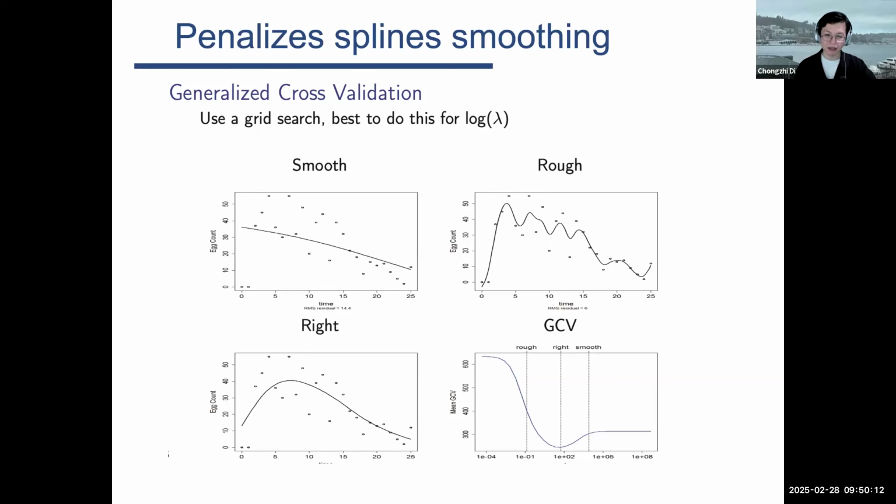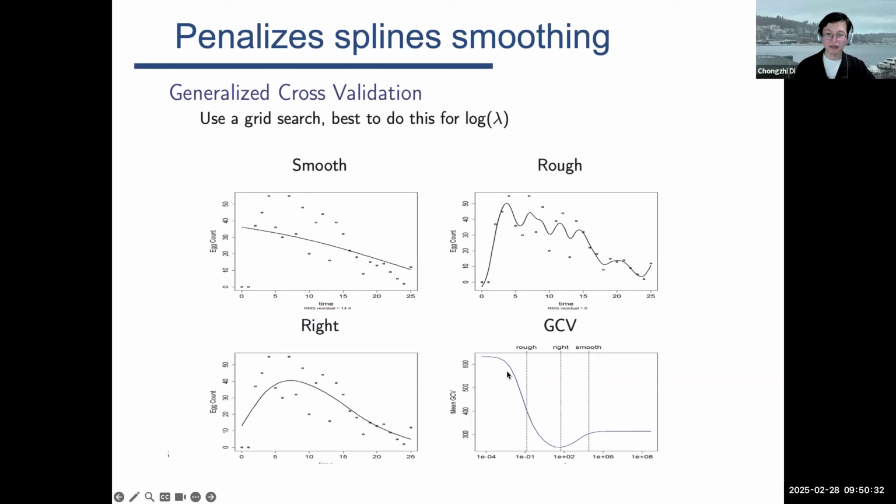What I wanted to point out is that in this case, if it is too smooth, it's most likely somewhere around here, where lambda is really big. If it's too rough, it's likely somewhere on the left side, where lambda is really small.